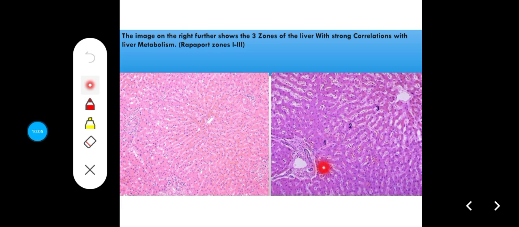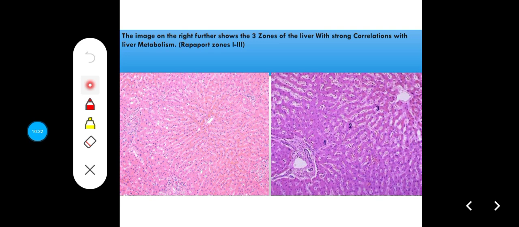Zone 1 is the least sensitive to ischemic damage because it's close to the hepatic arteriole. Then zone 3 is the most sensitive to ischemic damage because it is furthest away from the hepatic arteriole. So the Rappaport zone is just a kind of unit, a structural unit of the liver that correlates with liver metabolism.